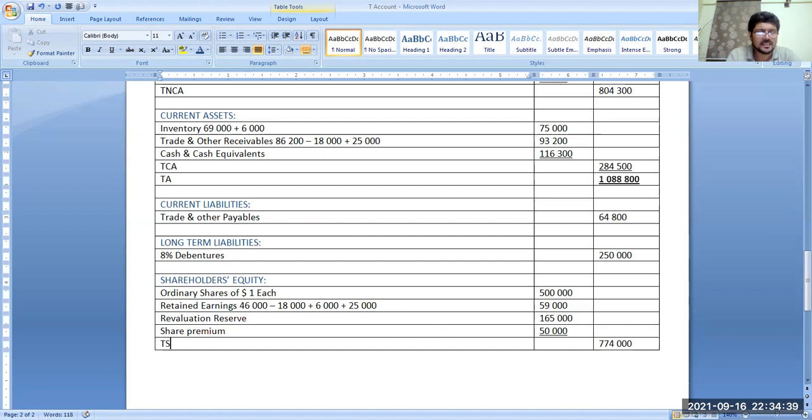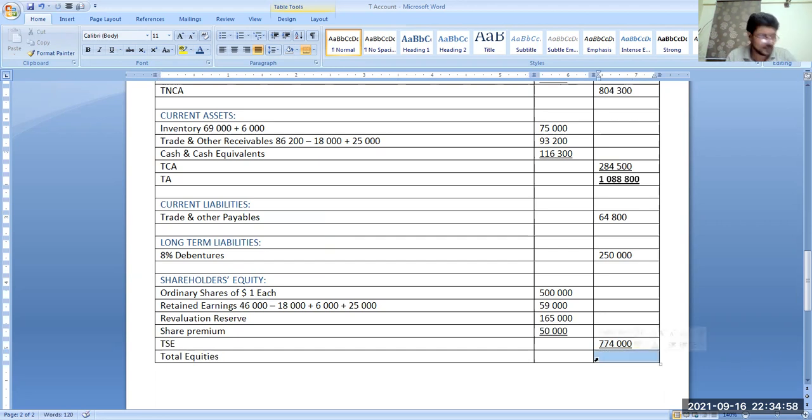Total shareholders. Okay. So total equities, how much?